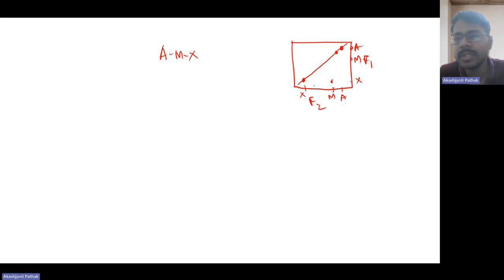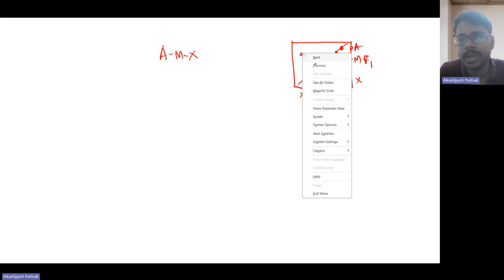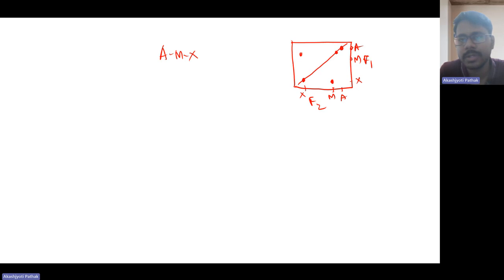No, A is not coupled to X. M is coupled to X, so you have a cross peak over here. Similarly, here you will have the mirror image. So M is coupled to X, and A is coupled to M, and A is also coupled to M.